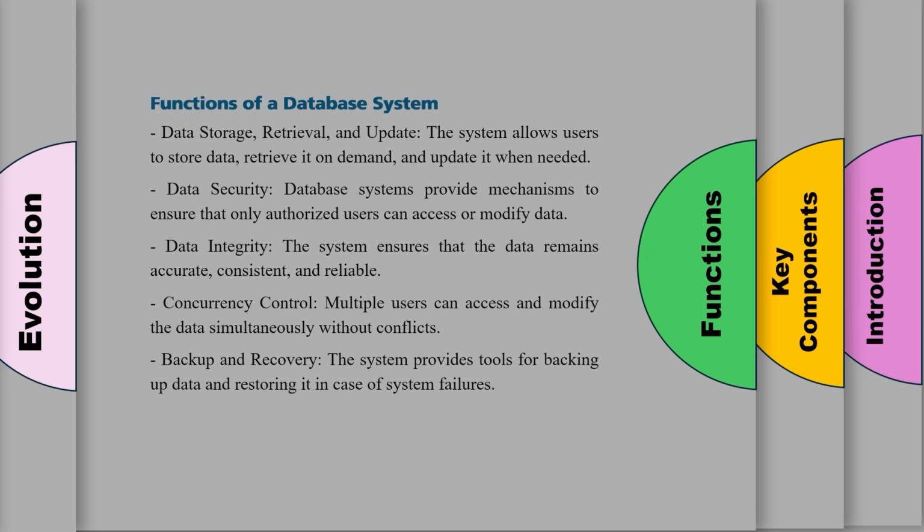For concurrency control, multiple users can access and modify the database simultaneously without any conflict. We also use database systems for backups and recoveries. The database system provides tools for backing up data and restoring it in case of any system failure.